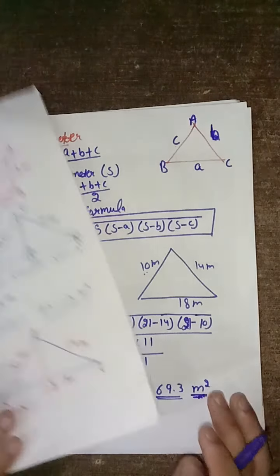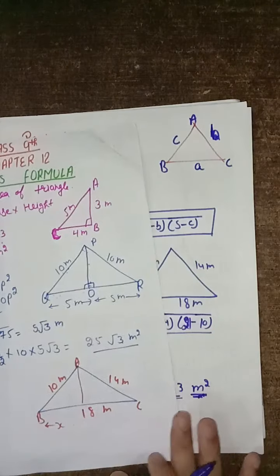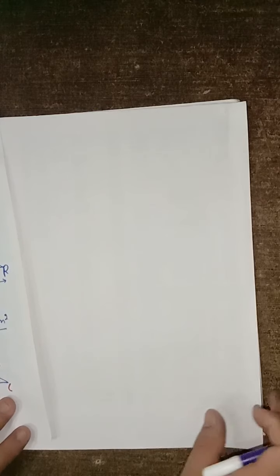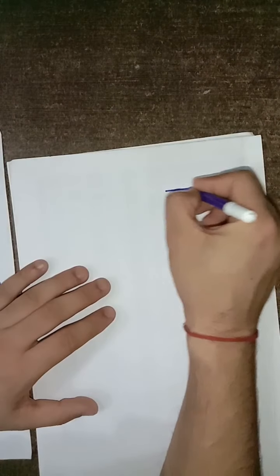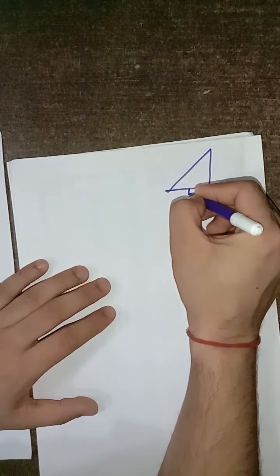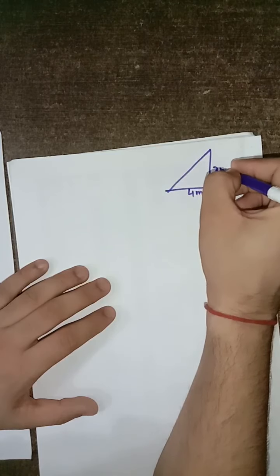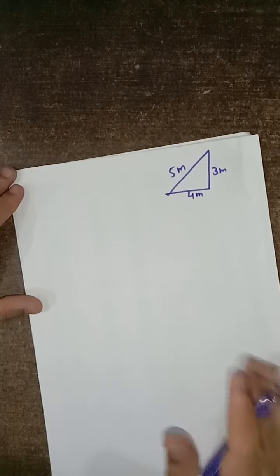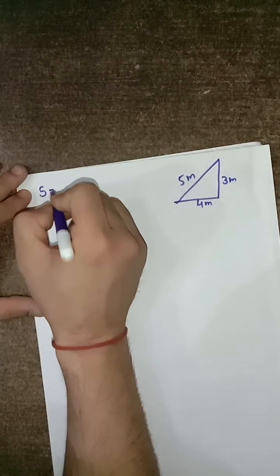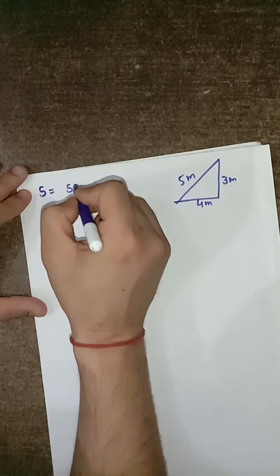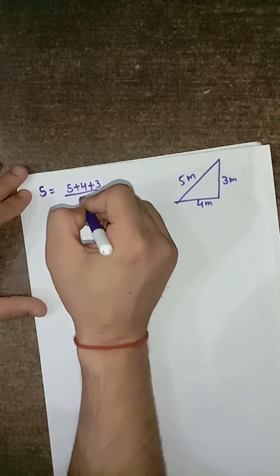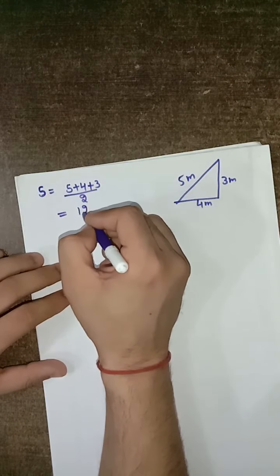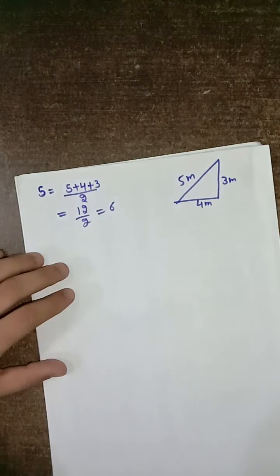You can also solve these sums with Heron's formula. Let's start. Our first sum was this: this is 4 meter, this is 3 meter and this is 5 meter. Now apply Heron's formula. First find the semi-perimeter, that is 5 plus 4 plus 3 divided by 2. This will become 12 divided by 2 equals 6.